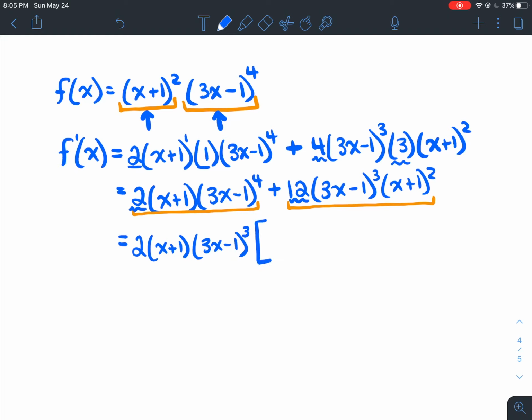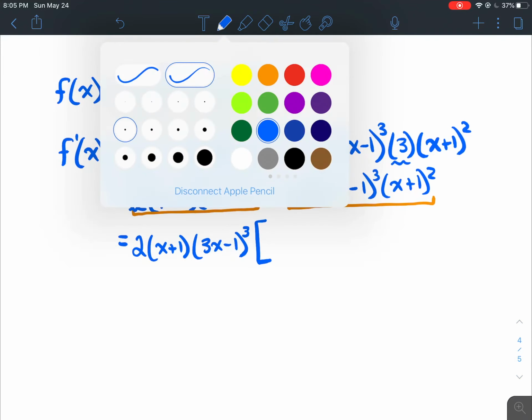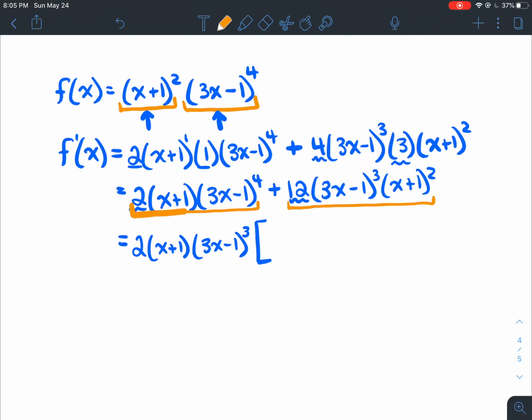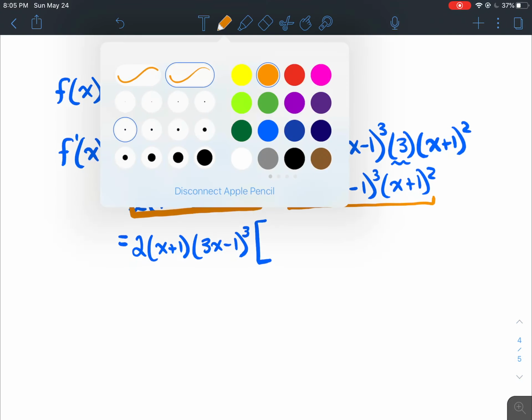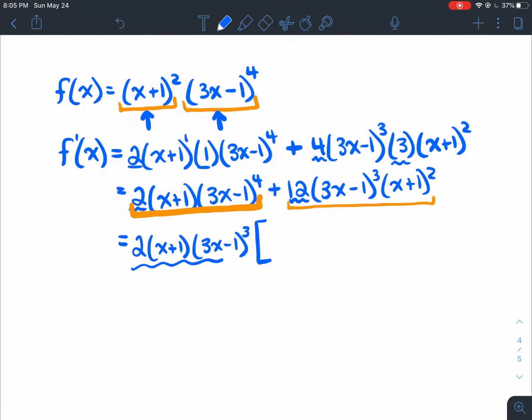Okay, then I'm going to go through and do my actual common factoring. So I'm looking at this. What do I have left after I've already factored out this? Okay, so I got the 2, I got the (x + 1), but I still have another (3x − 1) bracket left because I had 4.